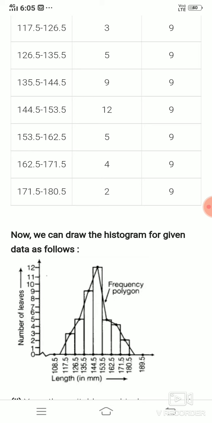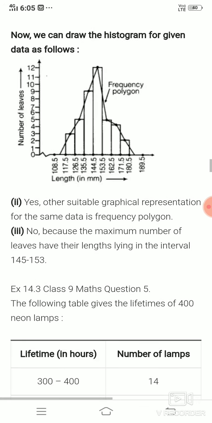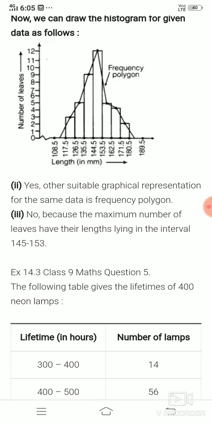The starting point is on the x-axis and the end point is also on the x-axis. From 117.5 to 180.5 we need to introduce one more point at each end, on the x-axis, and from these you draw the frequency polygon. Yes, another suitable graphical representation for the same data is the frequency polygon.